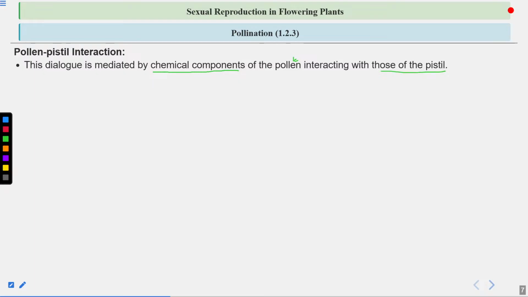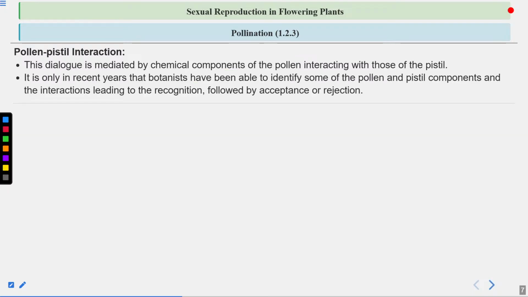So here again we are talking about the same thing, that the dialogue is mediated by the chemical components released by the pollen and also by the pistil. It is only in recent years that botanists have been able to identify some of the pollen and pistil components and the interaction leading to recognition, followed by acceptance or rejection. This is not a very old concept.